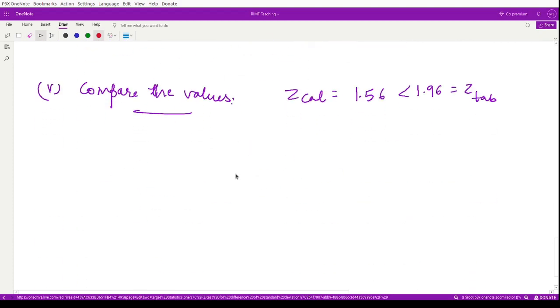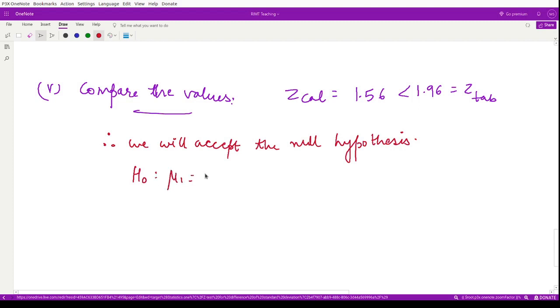So therefore in this case we will accept the null hypothesis. So your hypothesis stating that the means of two different samples do not differ significantly is correct.